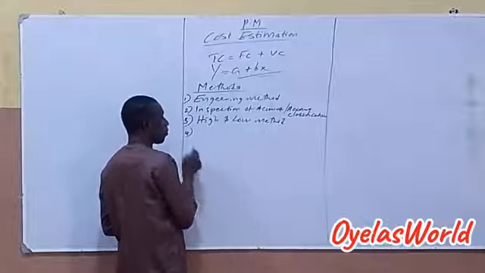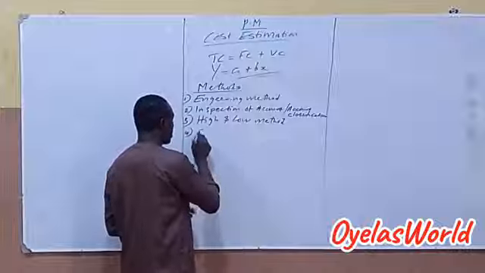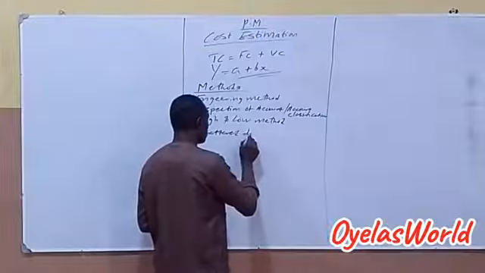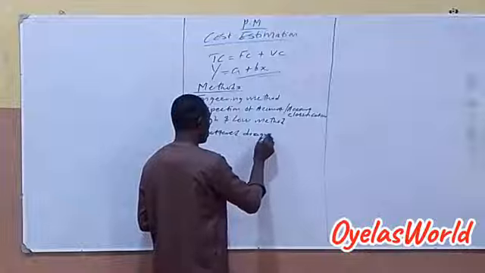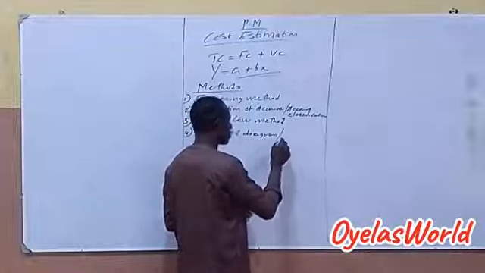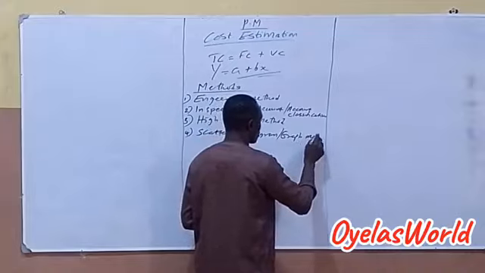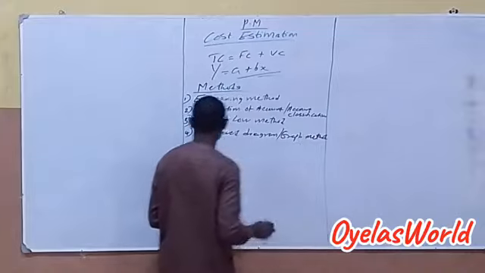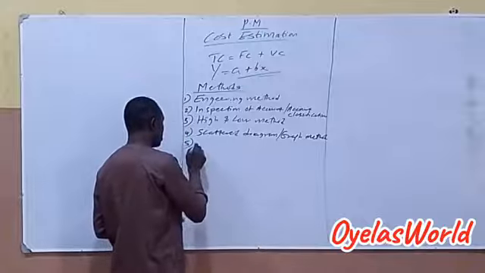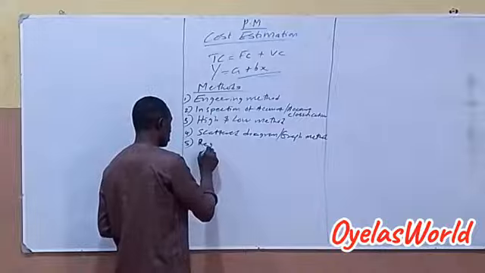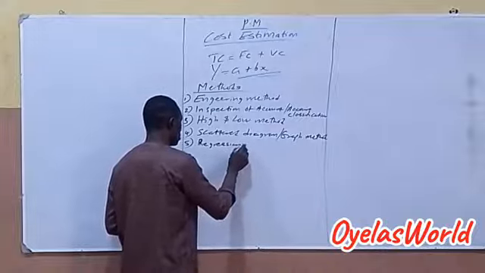Fourth, we have the scatter diagram, which we call the graph method. Then we have the regression method.